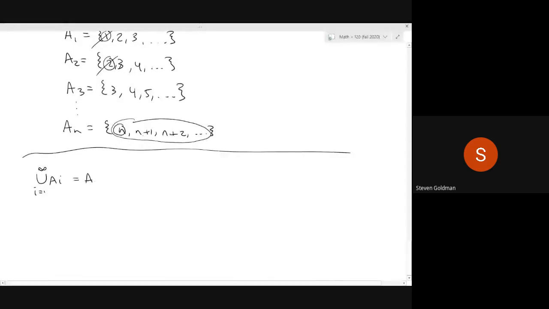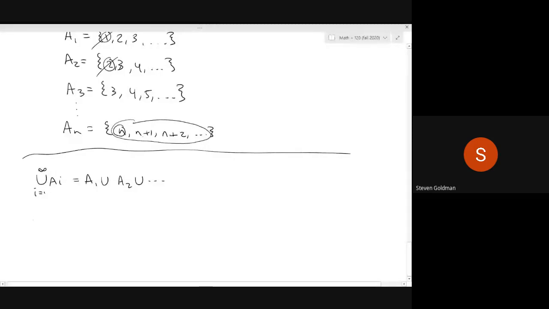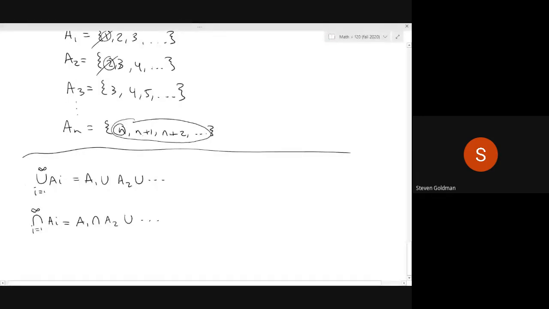That would be A1 union with A2, etc., etc. And I can also do the same thing with intersection. Okay, and it's the same idea. The union of all these sets would be the set of all elements that appear in any of the sets. And the intersection would be just the set of those elements that appear in every set. Meaning, in other words, the set of elements that the sets have in common.